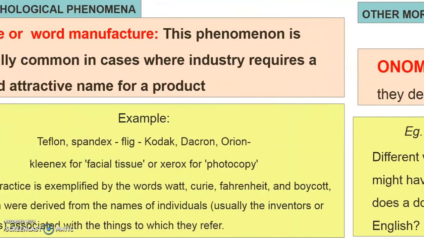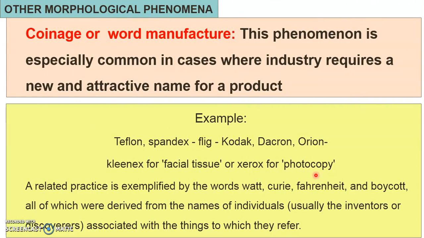Very good. The last one, I think, is coinage or word manufacture. This phenomenon is especially common in cases where industry requires a new and attractive name for a product. For example, Teflon, Spandex, Kodak, Orion, Kleenex for facial tissue, Xerox for photocopy, or Colinos in Spanish, or Gillette.